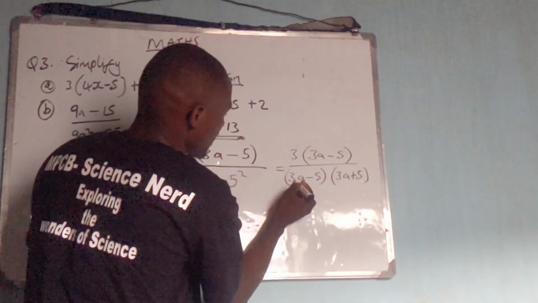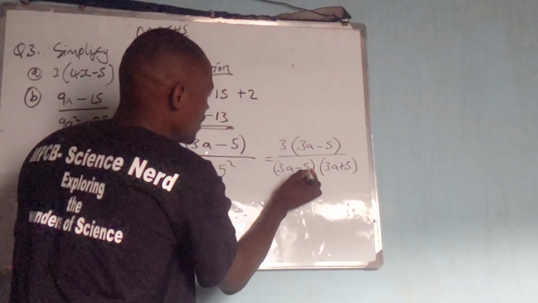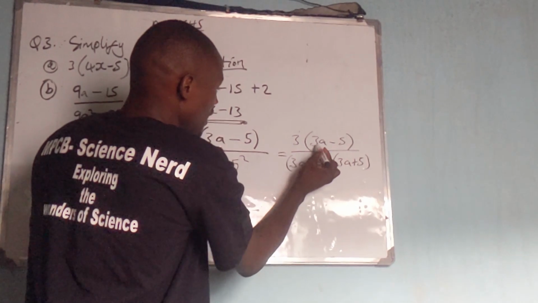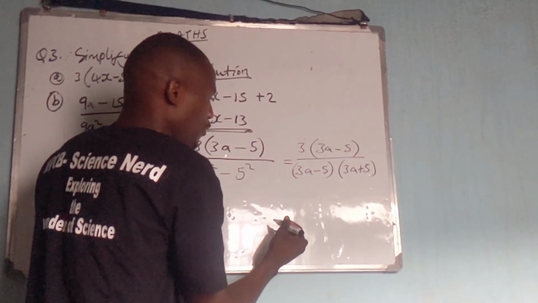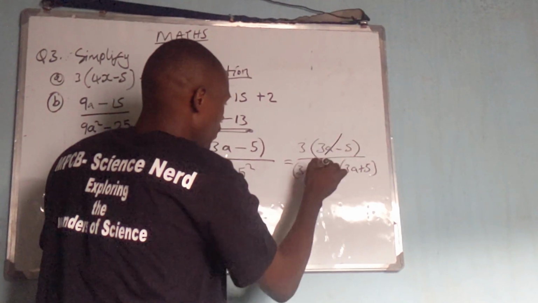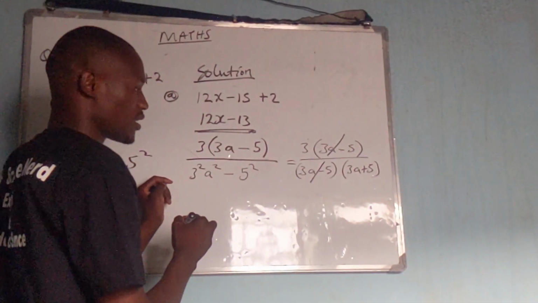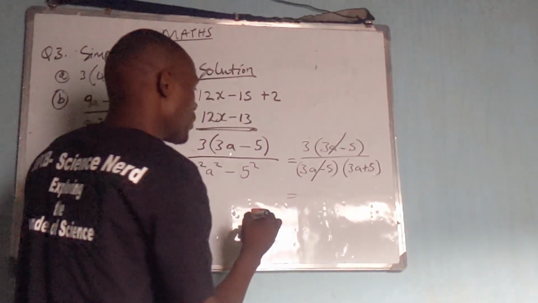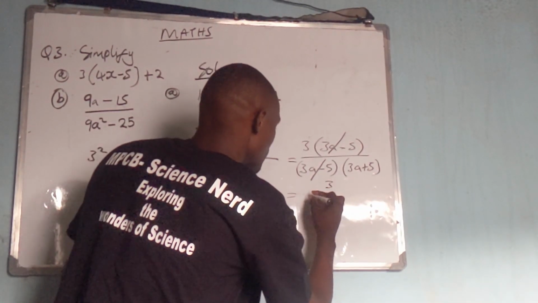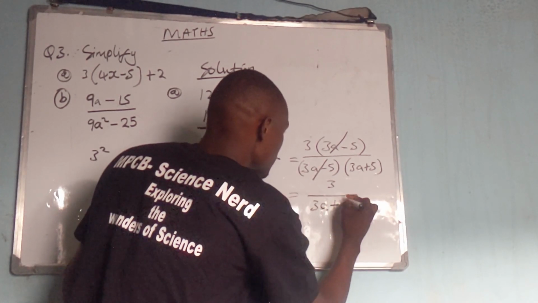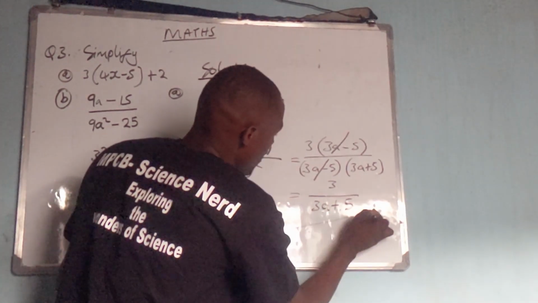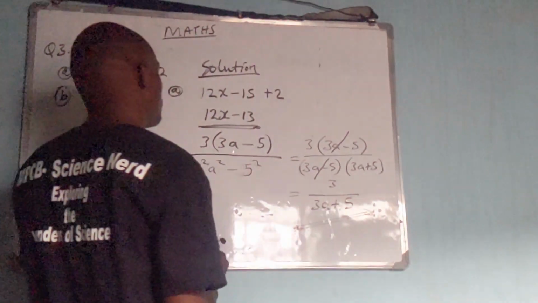Therefore, we can see that 3a minus 5 is common, even here as 3a minus 5. Therefore, they are going to cancel out. So we cancel this out, and we are going to remain with 3 over 3a plus 5 as our final answer.